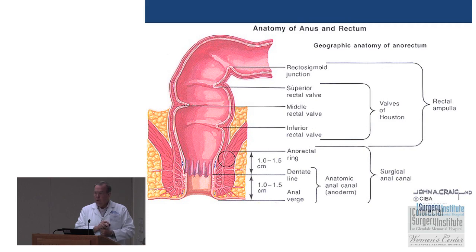We can discriminate those even though we've got colon from above, and in fact 75% of people who have their entire colon removed and you put in a piece of small bowel down here can still discriminate gas from stool reliably. So the nervous innervation down here is probably intrinsic to the bowel, unrelated to the nerves that innervate the muscles here or that come from above. So that's sort of an interesting observation that we've made with time.